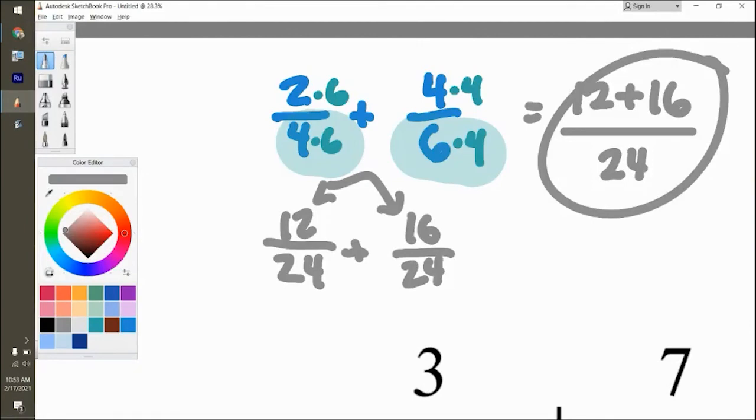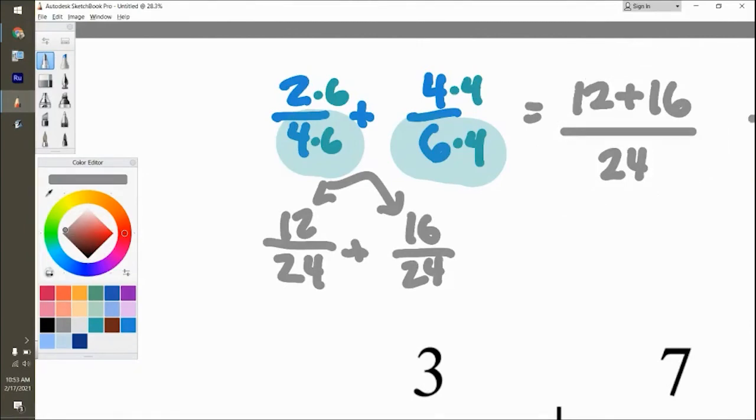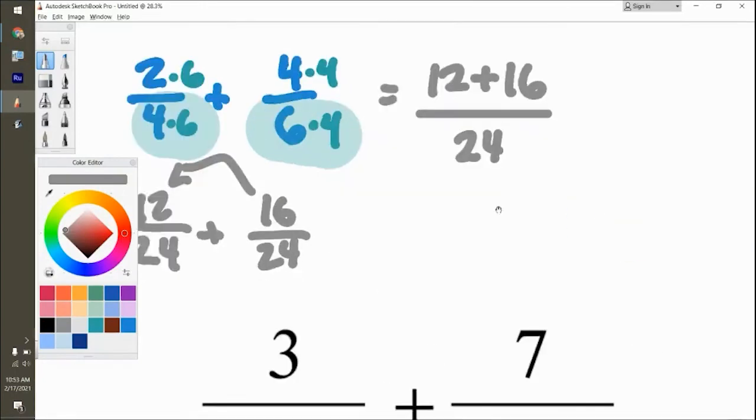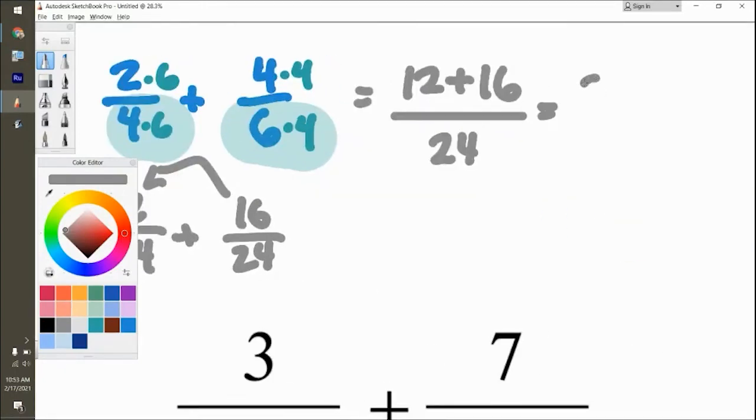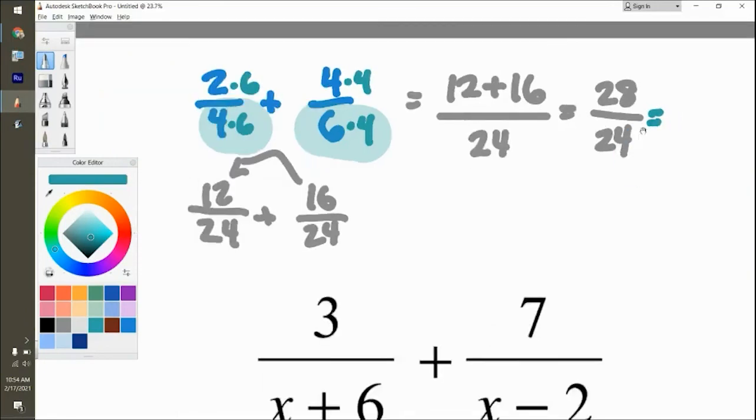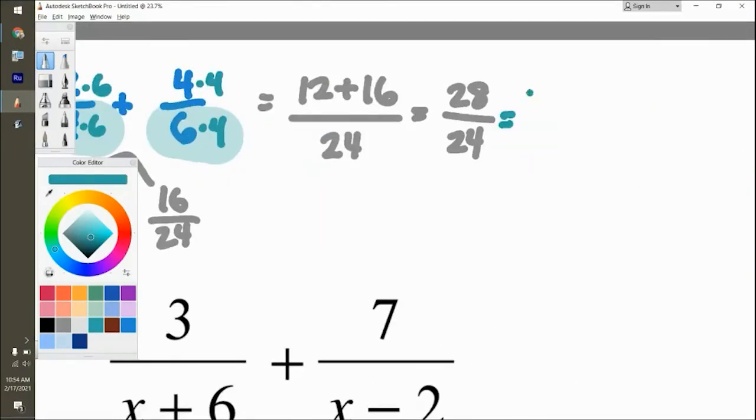You can do whatever you want, but I highly recommend doing that so you don't have to write things a bunch of times. Now from here, you end up with 28 over 24, and then you could simplify this fraction by breaking it down into its factors. They're both divisible by 2.